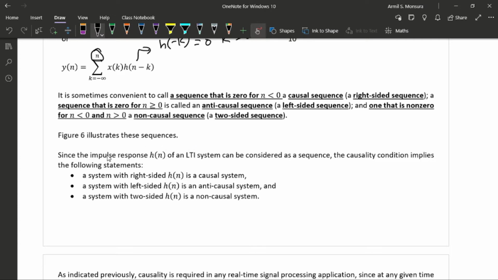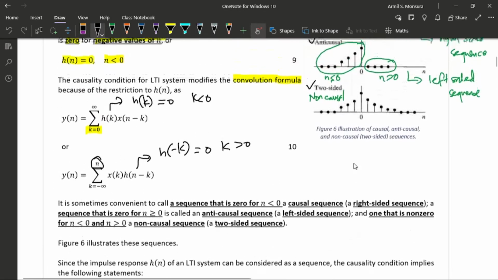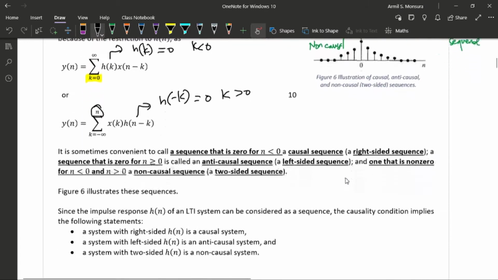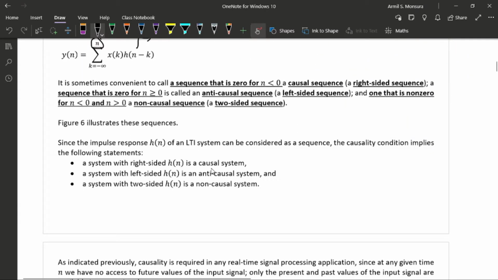Since the impulse response h[n] of an LTI system can be considered as a sequence, the causality condition implies the following statements. Number one, a system with a right-sided h[n] is a causal system, while a system with a left-sided h[n] is an anti-causal system.